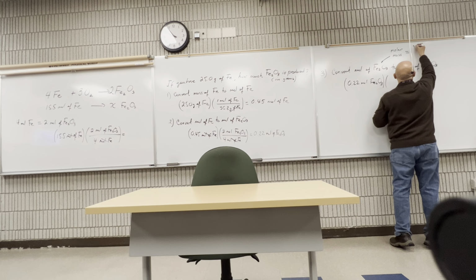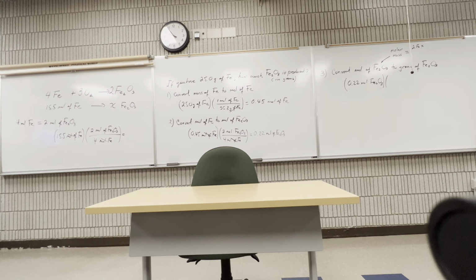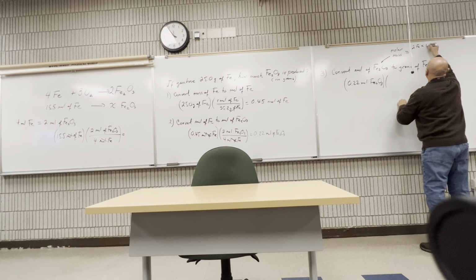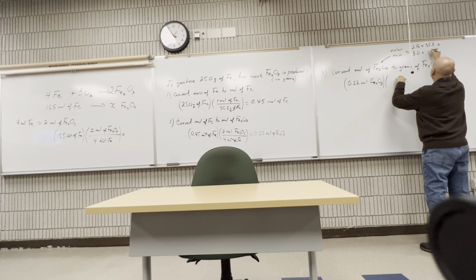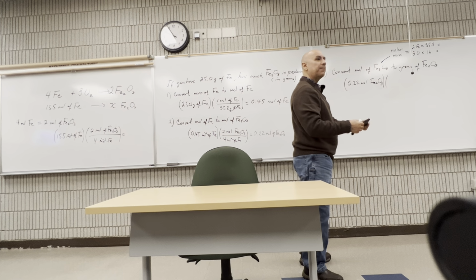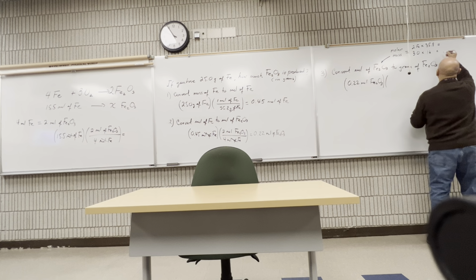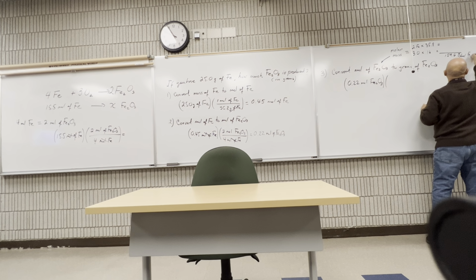Well, we say 2Fe times, what was it, 55.85. I have it there. Let me use 55.8. And then we have 3 oxygens. Each one of them is 16. 159.6. Okay, 159.6. Let me just leave it there. Grams per mole Fe2O3.